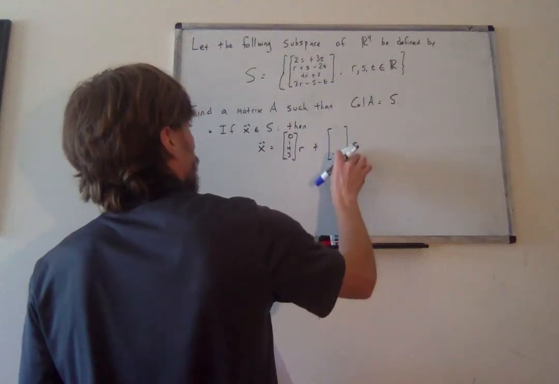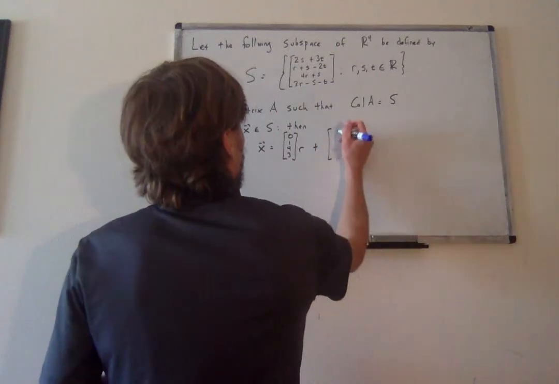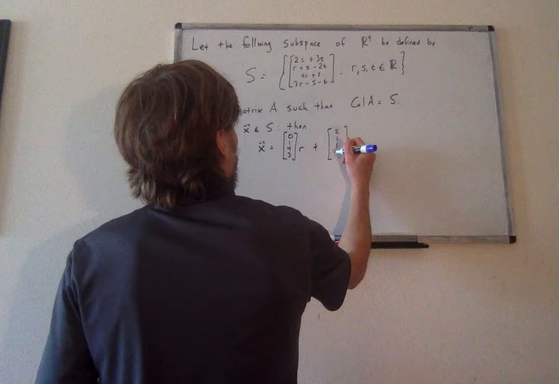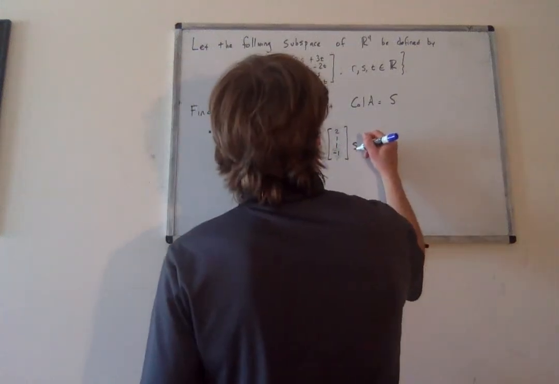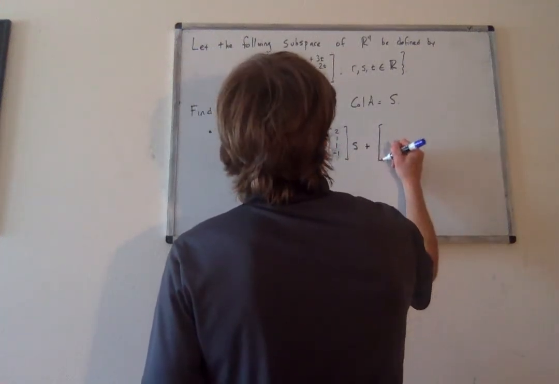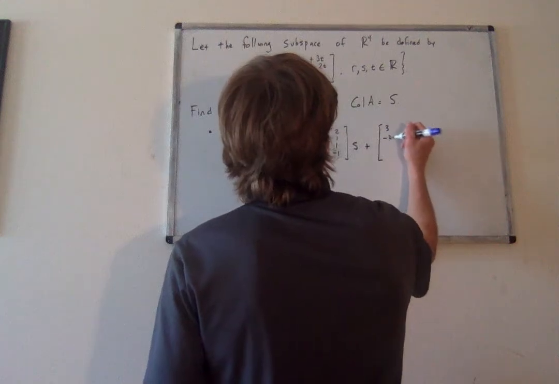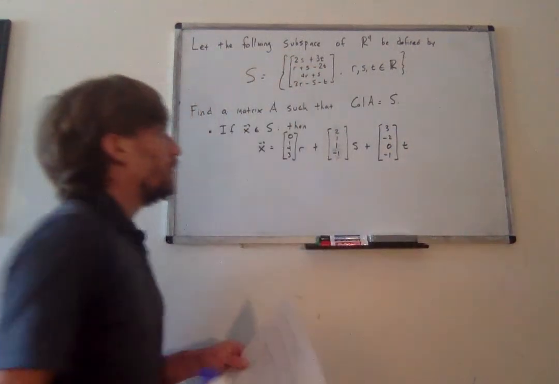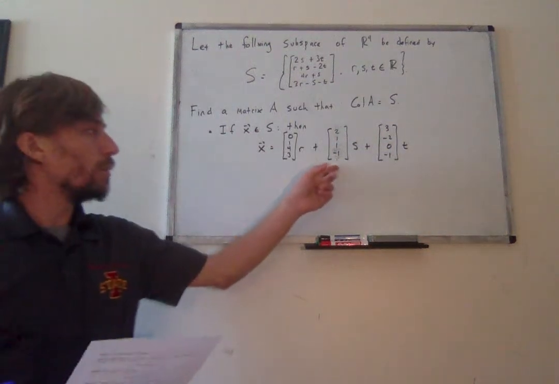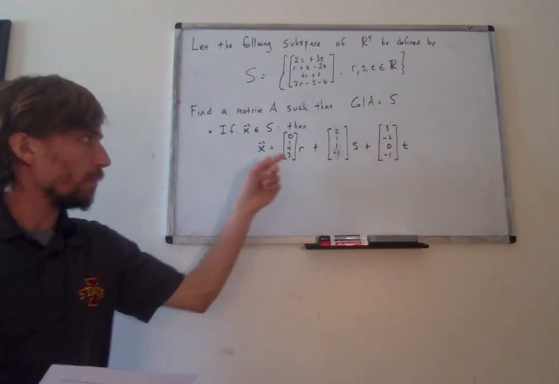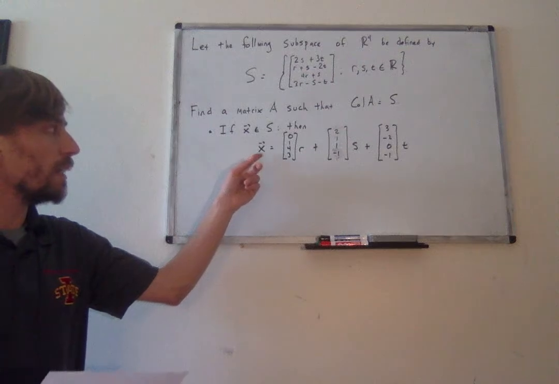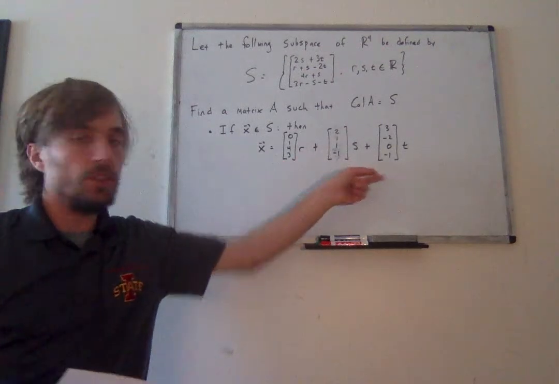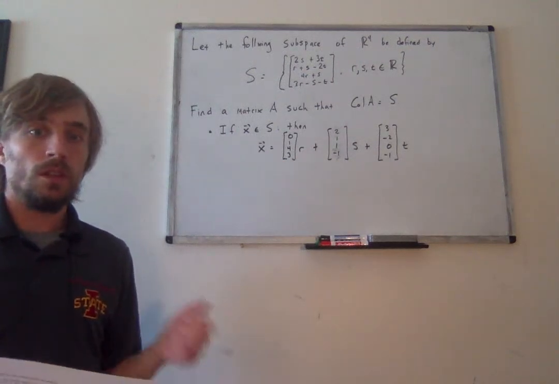This should be just the coefficients. So notice I've just split it up into the component parts based on the variables. Well, and so what that means is that X is a linear combination of these 3 vectors.